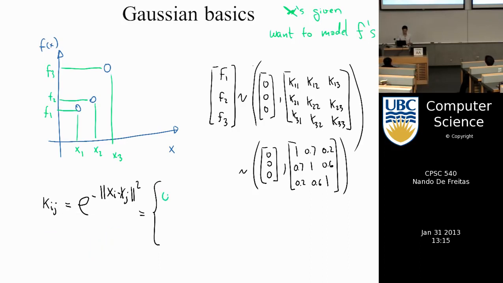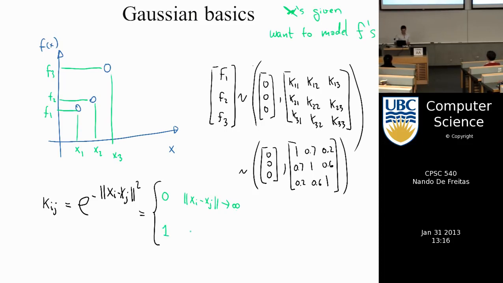Now, this quantity has the following properties. It is 0 when the distance between xi and xj goes to infinity. E to the minus infinity is 0. E to the minus a large number is 1 over e to the a large number, which goes to 0.